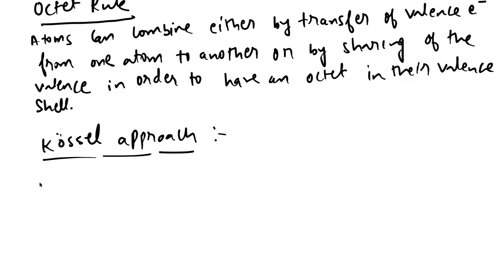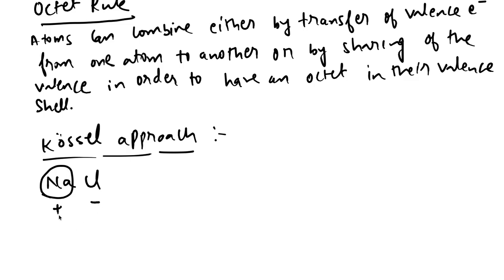But what it says is, for example, it gave the example of NaCl. In case of Na, he says that any alkali metal has a tendency to lose electron to form a cation. Similarly, a halogen has the tendency to gain electron to form an anion.